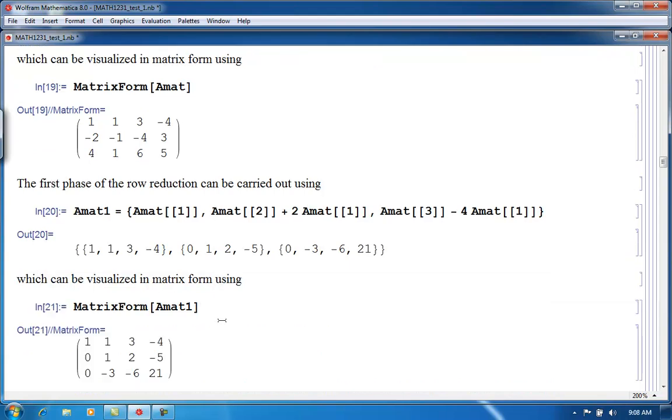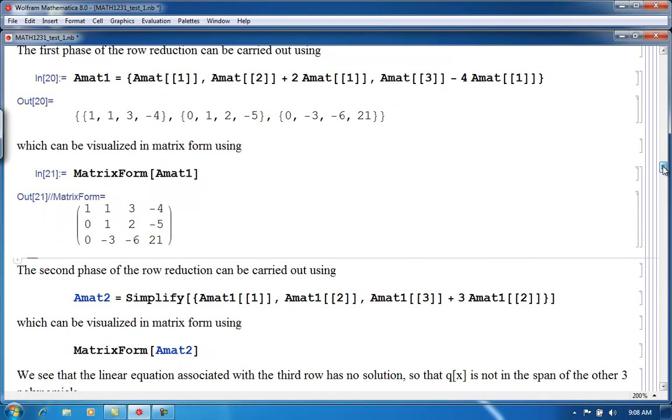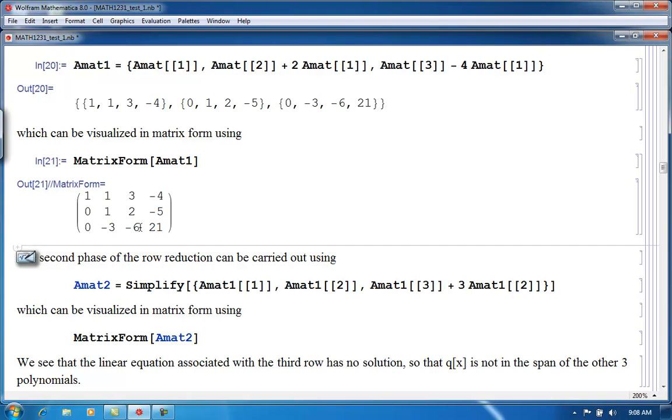That's a matrix using this, and we can see that indeed we've got zeros under the diagonal in the first column. And now we do the second phase, and we add 3 times the second row to the third row. So the first row stays the same, the second row stays the same, and the third row is the result of this addition here.